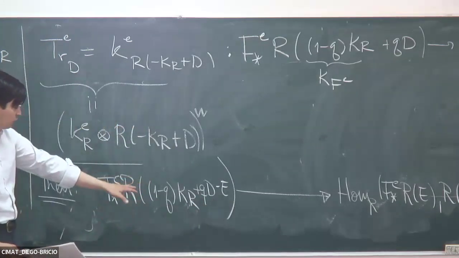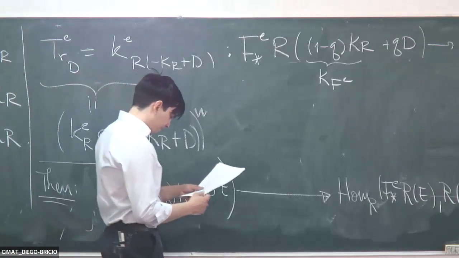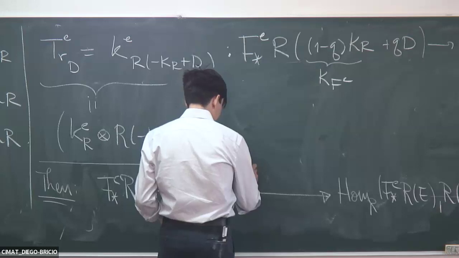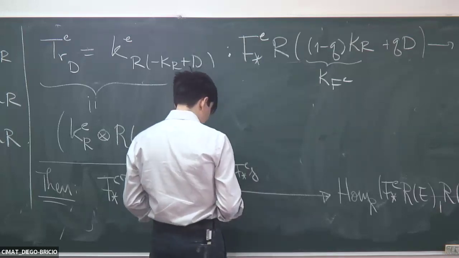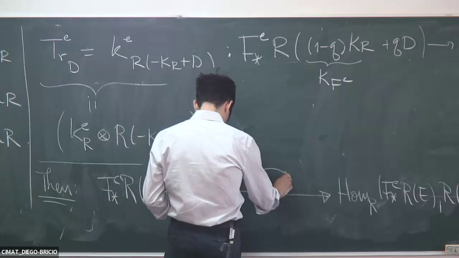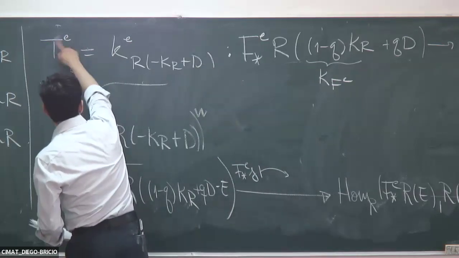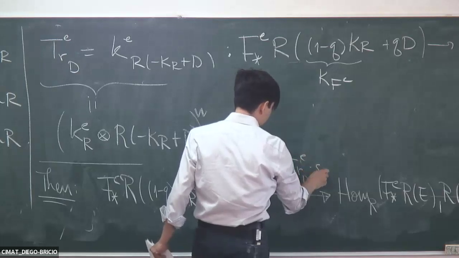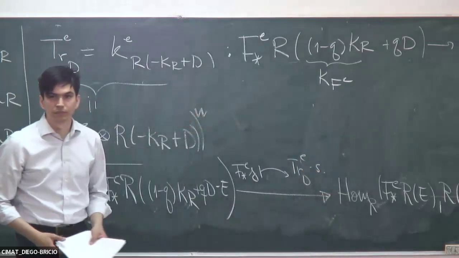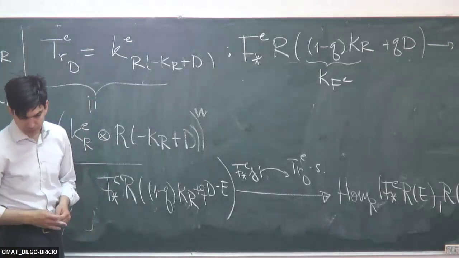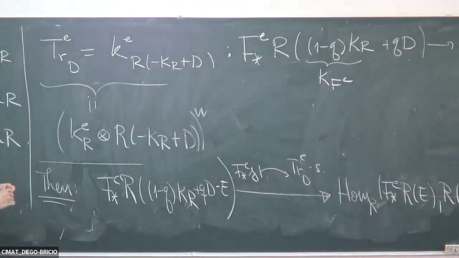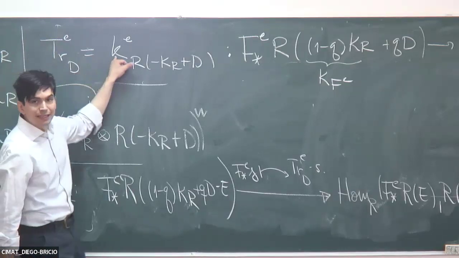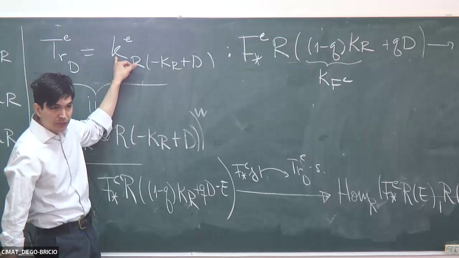How does this work? If you give me little s, this goes to this trace here times s. But I want to emphasize the following: this trace here is deep down the Cartier operator.